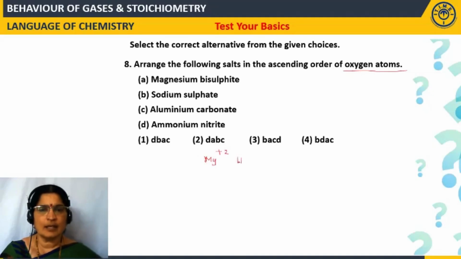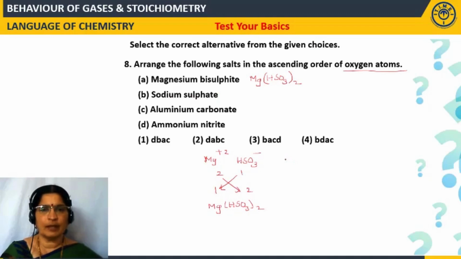Bisulfite is HSO3 minus. Right? 2, 1. If you do crisscrossing, you will get 1, 2. HSO3 taken twice, right? So let me write the formula here. Mg(HSO3) taken twice.